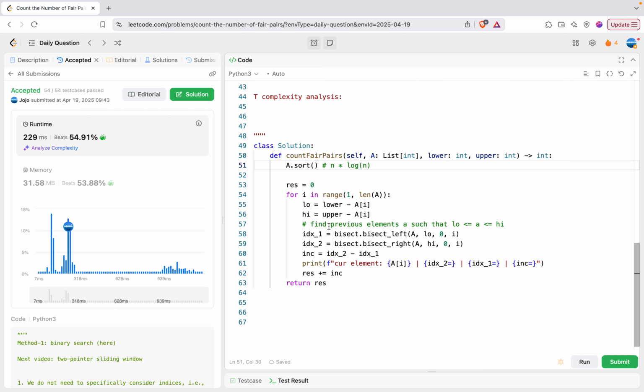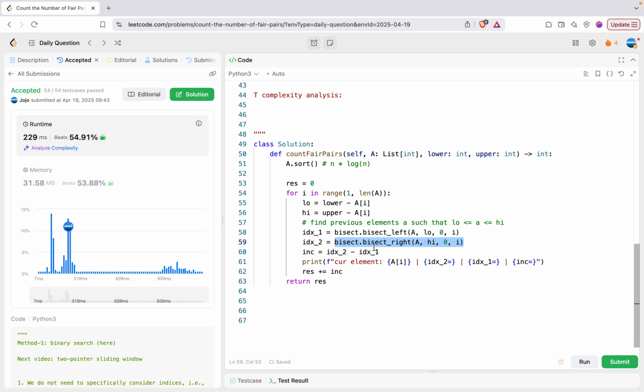Now if we do the search here, like this one, the search has logarithmic time complexity. Therefore, for each of these, it is going to be log i, right?